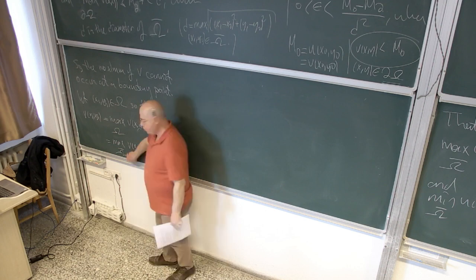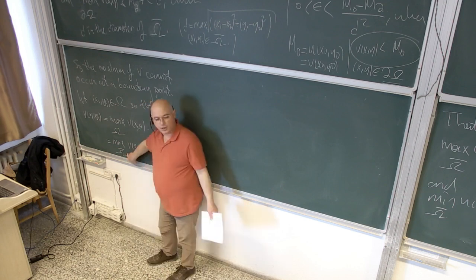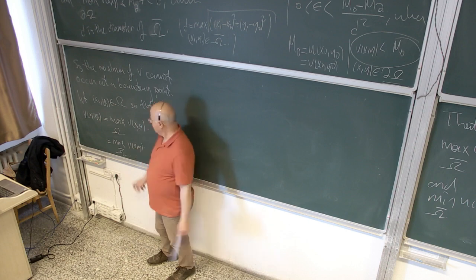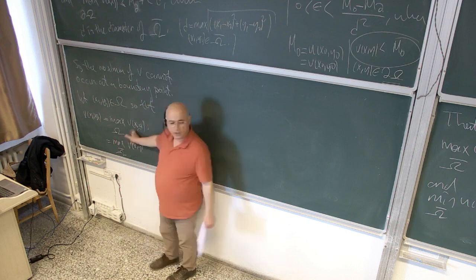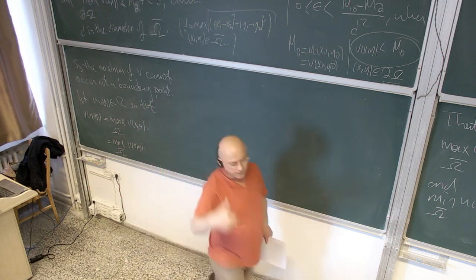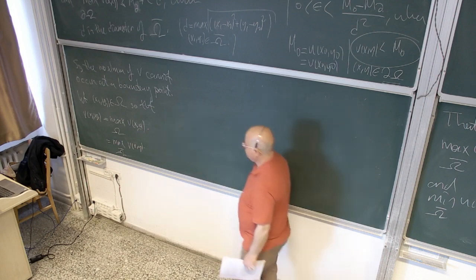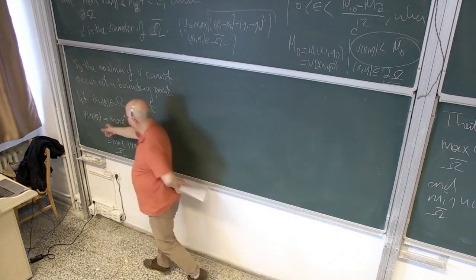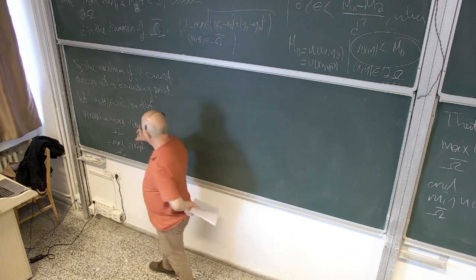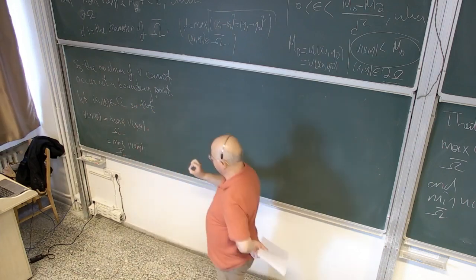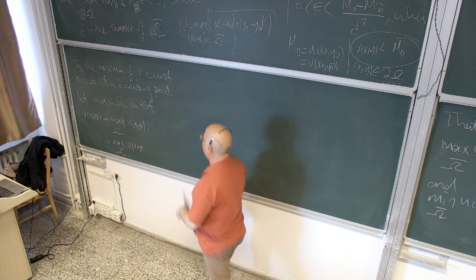Çünkü burada boundary noktalar da var. Boundary'deki değerler zaten bunlardan küçük. Yani en azından bir tanesinden küçük. So the maximum of this function on this compact region occurs at an interior point. It is not on the boundary.